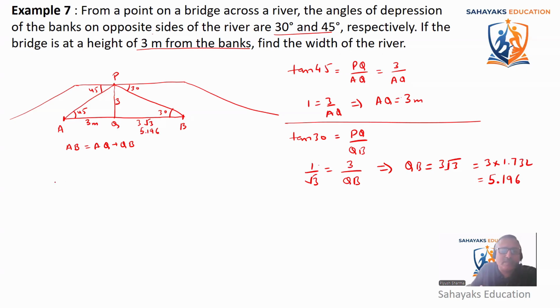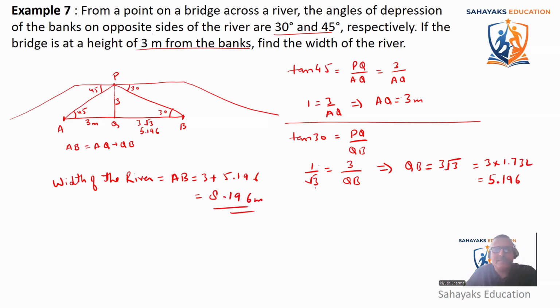So the width of the river is equal to AB is equal to 3 plus 5.196 comes out to be 8.196 meters. Okay. I believe you understood.